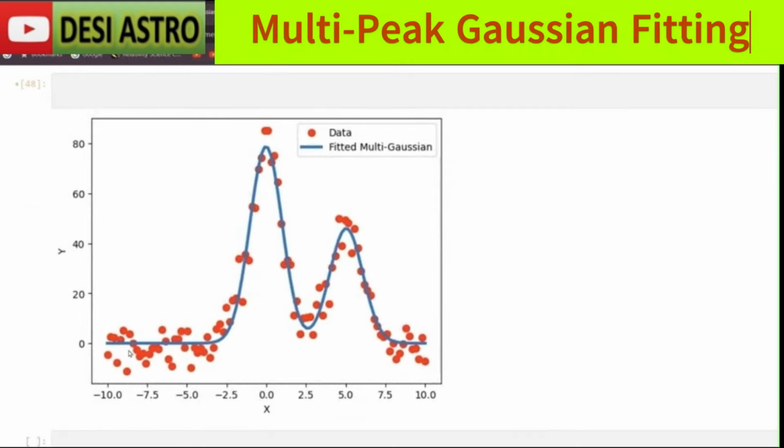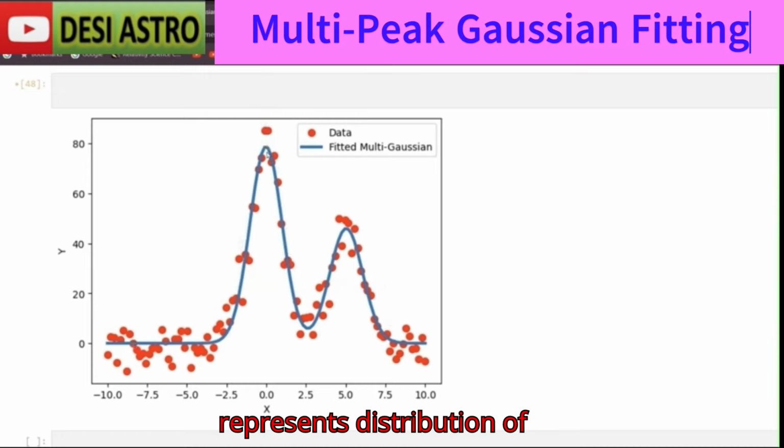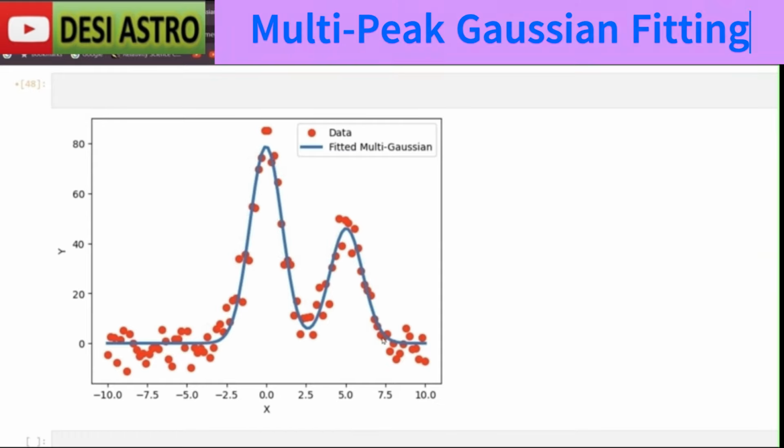You can see here that the red dots are your data points, and they represent a distribution of Gaussians having two peaks, and your blue line is the fitted Gaussian around these peaks.